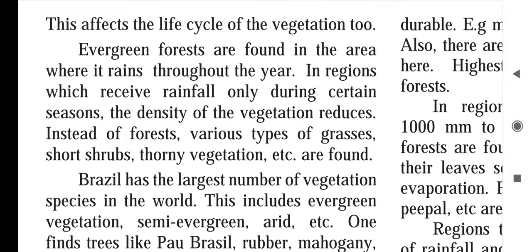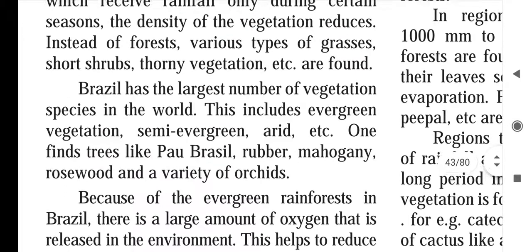are found. Now, Brazil has the largest number of vegetation species in the world. As we know, Brazil's forest is very famous, meaning the maximum part of Brazil is covered by dense forest. There we can find vegetation, and the vegetation species are the largest in the world.